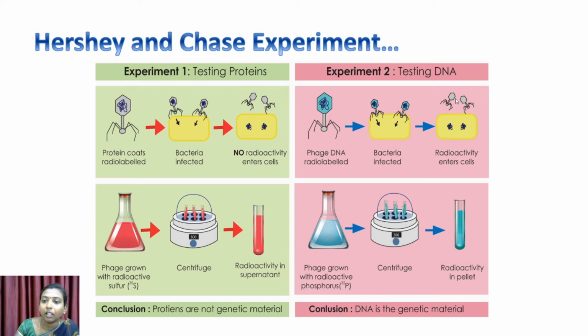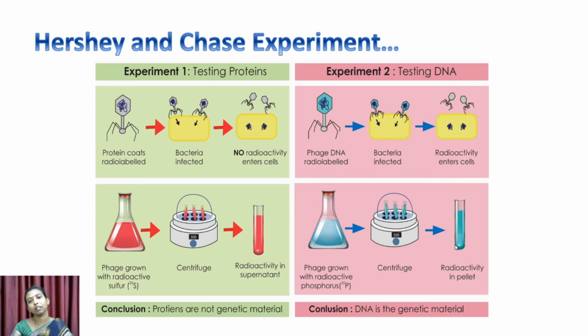And here, since DNA is the hereditary material, the genetic material is transferred from the bacteriophage to the E. coli cells, and radioactivity can be seen in the cells, so it can be detected in the pellet which settles down in the media.